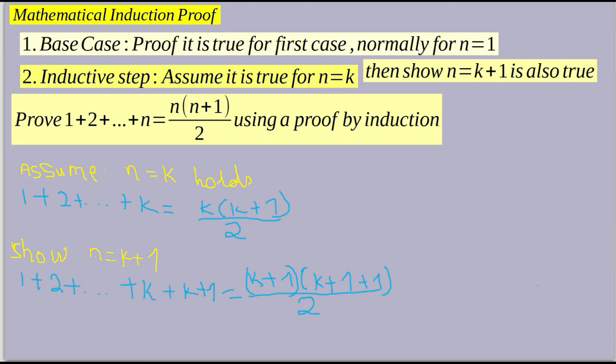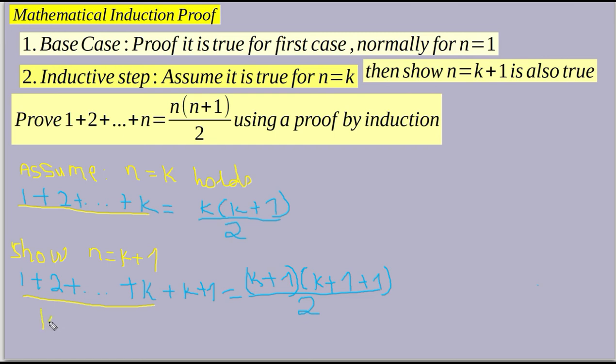Now, if you look closely, you will see that this here, 1 plus 2 up to k, is this here. Since this is equal to this, I can put this here and I wouldn't change anything.